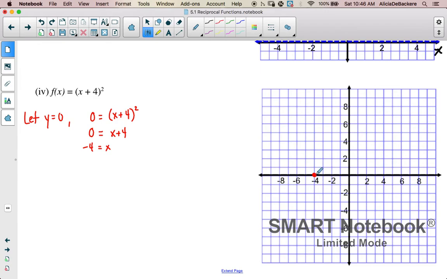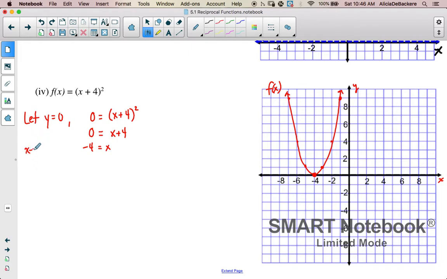So there's my parabola, and then from there it's just the regular step pattern, over 1 up 1, over 1 up 3, over 1 up 5. And then I repeat on the other side. All right, so what do we need to know?